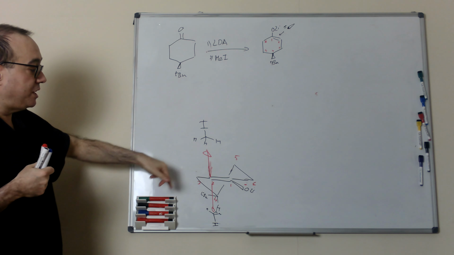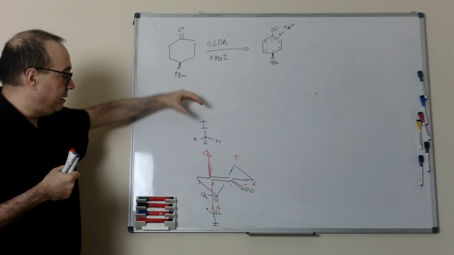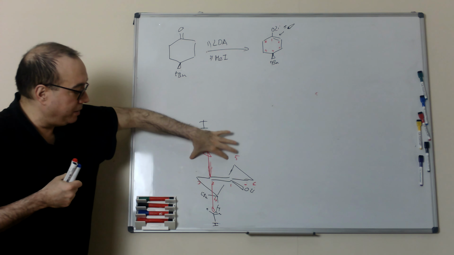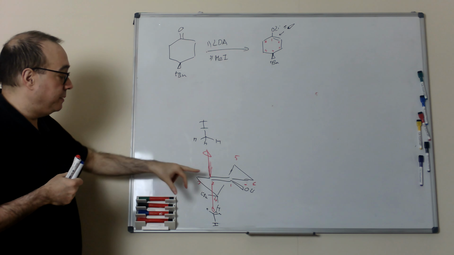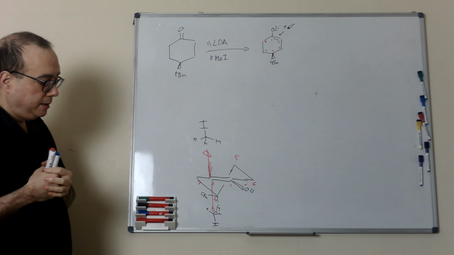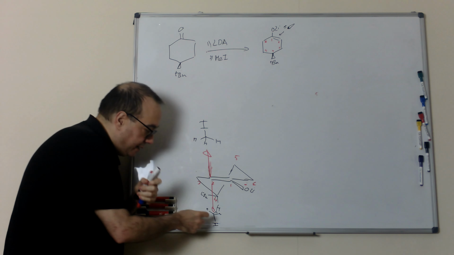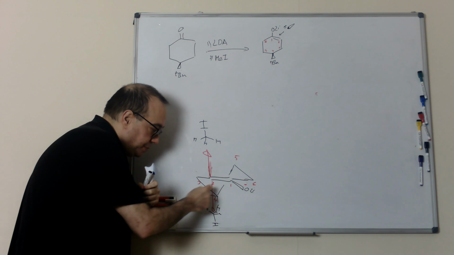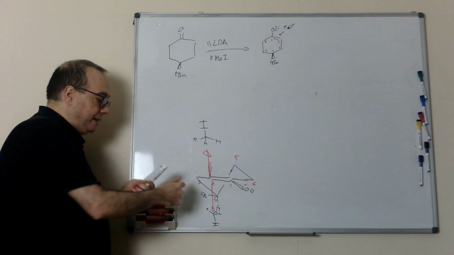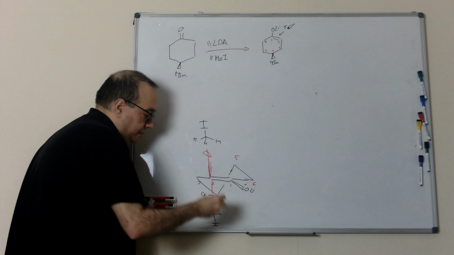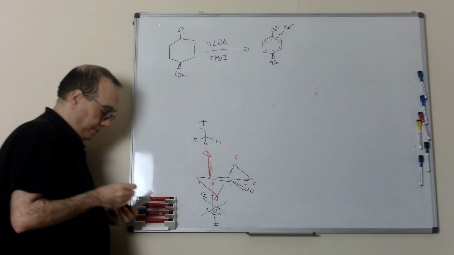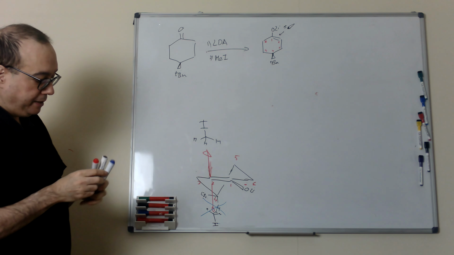Then we analyze which trajectory will be better. Here, the hydrogens don't have any problem to come to the enolate. However, here this is crashing with this substituent, meaning that this approach will be disfavored. Okay?